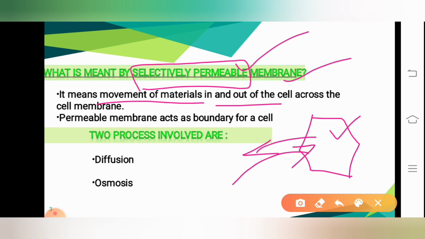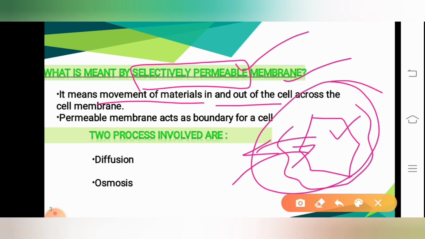We call it selectively permeable because this membrane allows only certain substances. It does not allow all the substances which are present around the cell. There are so many things present around a cell, but not all of them will go inside the cell. This membrane selects.